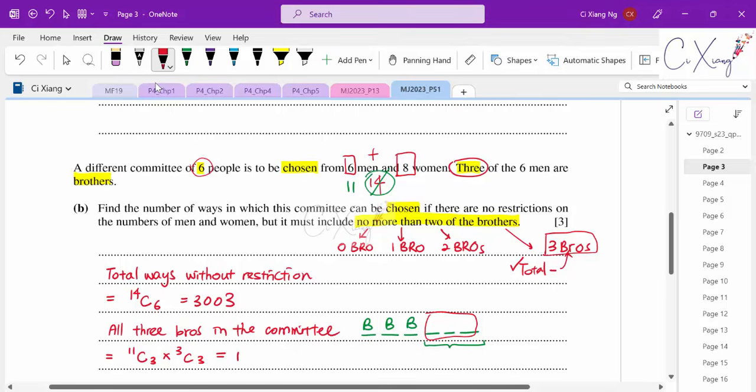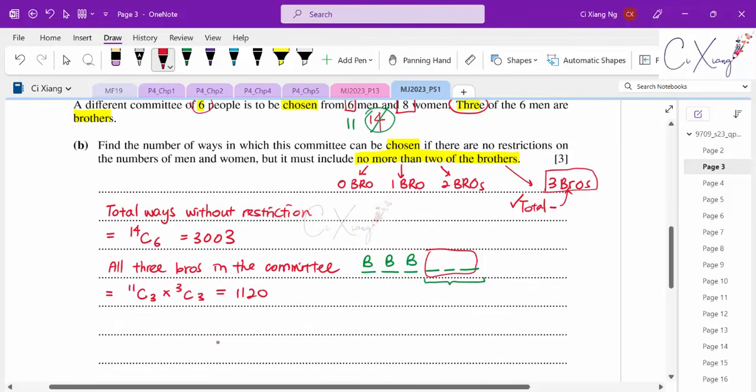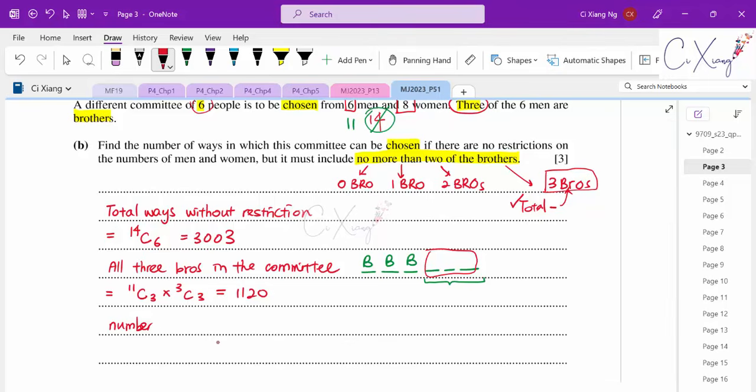So you have 165 for the case where all the 3 brothers are in the committee. Now to calculate the number of selections, you have to take the total minus the 3 brothers one. So from here I will get 2838.